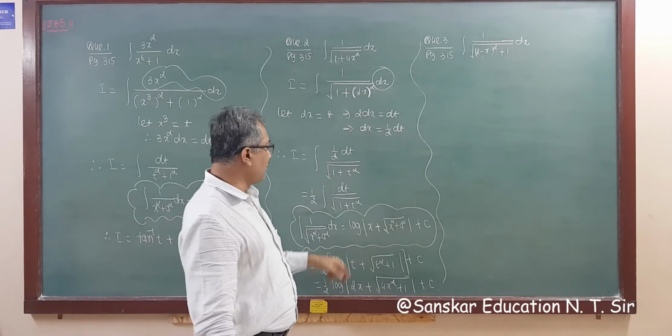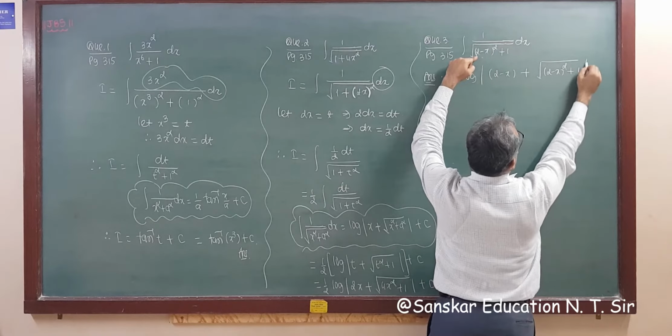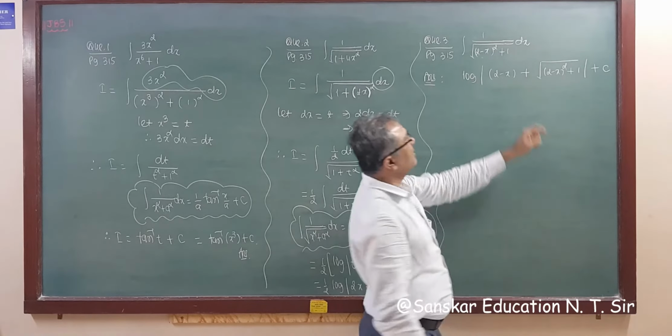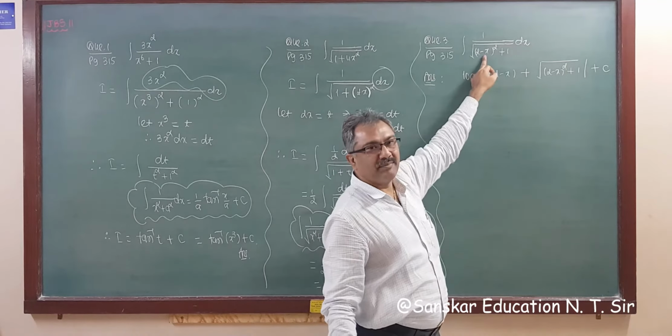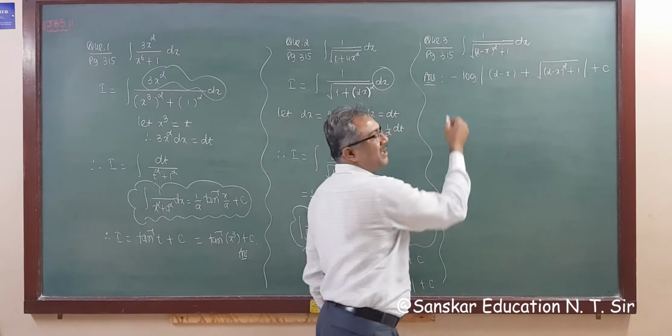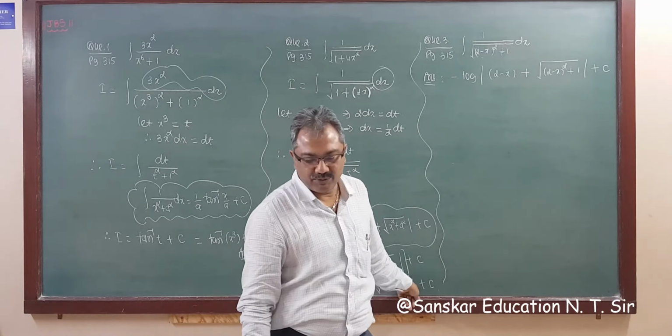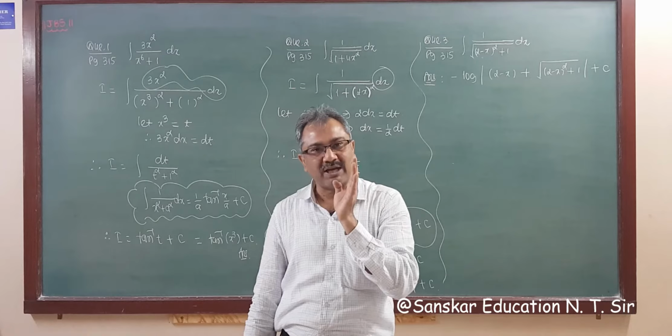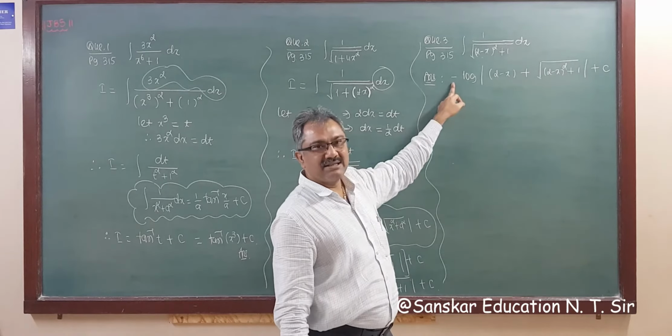So the answer is log mod 2 minus x plus under root, as it is, this 2 minus x whole square plus 1, and plus c. But the coefficient of x is minus, so you have to divide by minus, that is, you simply put a minus sign in front. So this is your answer if you are going to write directly for MCQ. This method is applicable for MCQ only.